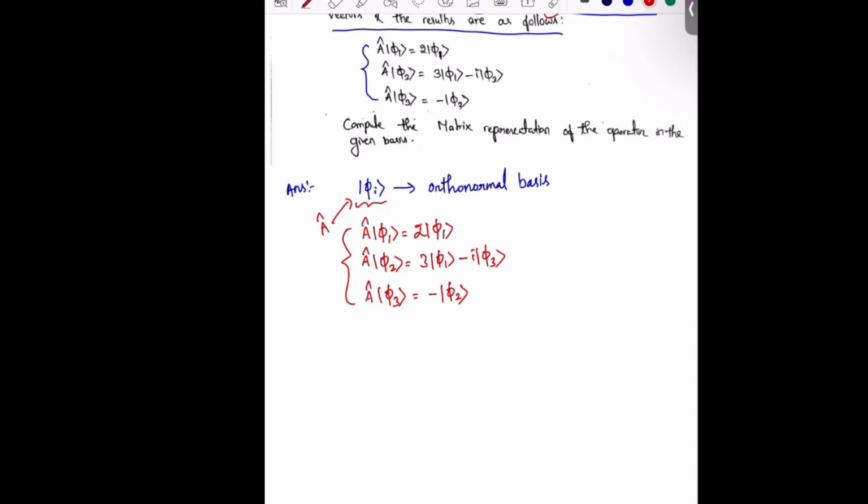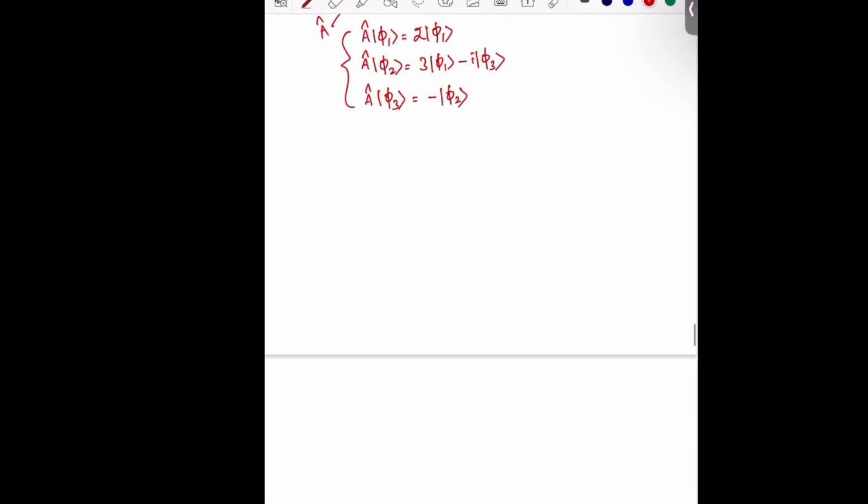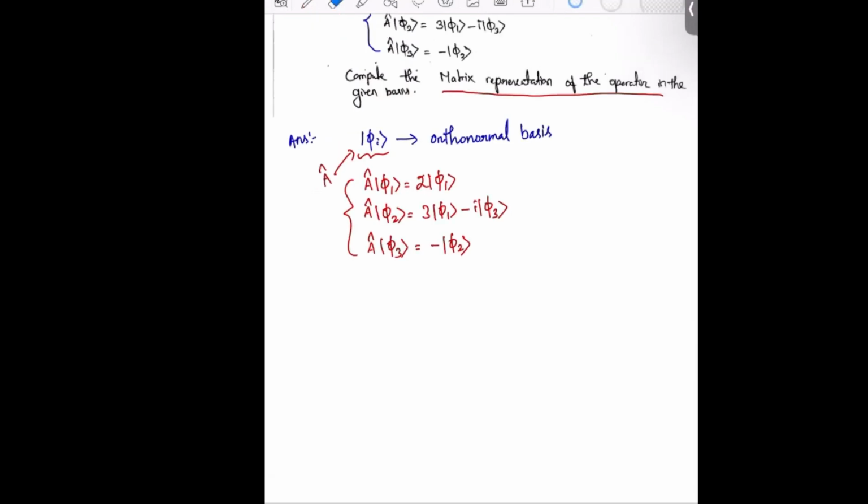Now it is asking to represent this operator in terms of a matrix. So similar to the ket vector and bra vector, you can also write an operator in terms of matrices.